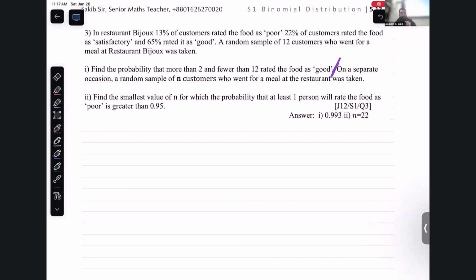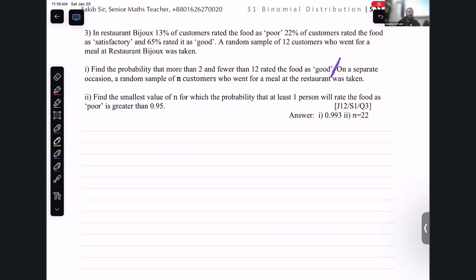A random sample of 12 customers who went for a meal at restaurant Bezos was taken. Now, don't make sound kindly. Number 1, find the probability that more than 2 and fewer than 12 rated the food as good.